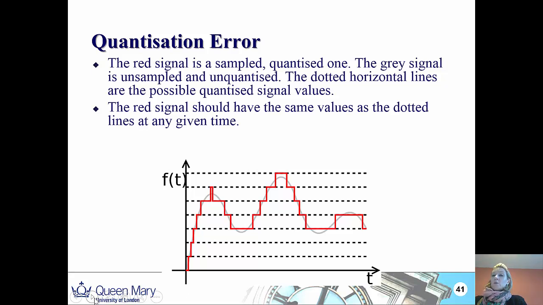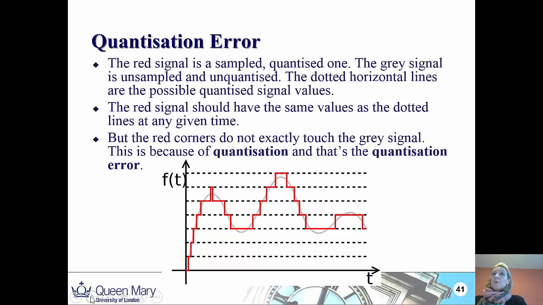These are our quantized levels that we want to create our discrete signal from. But the red corners do not exactly touch the grey signal. This is a quantization error. Okay, so the red corners do not exactly touch the grey signal, and this is the error. So we're either rounding up or we're rounding down.